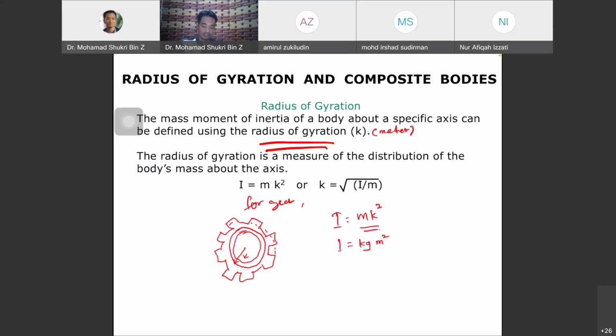So I is still the same unit, kilogram meter squared.